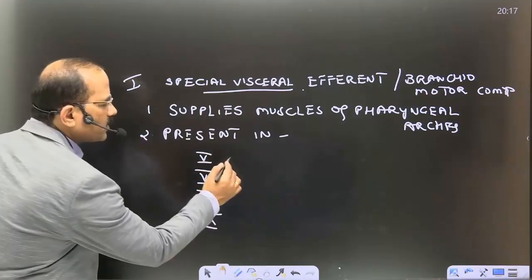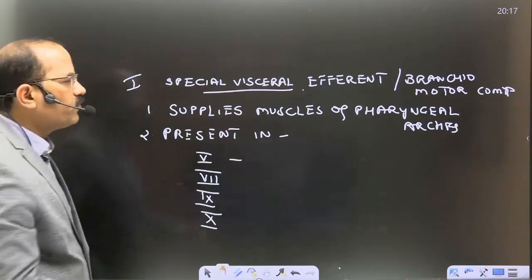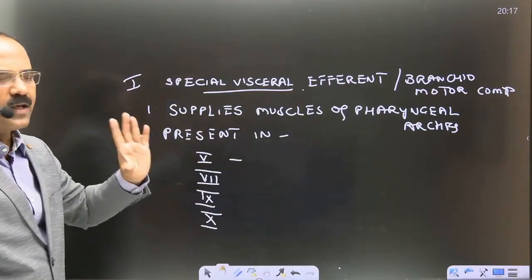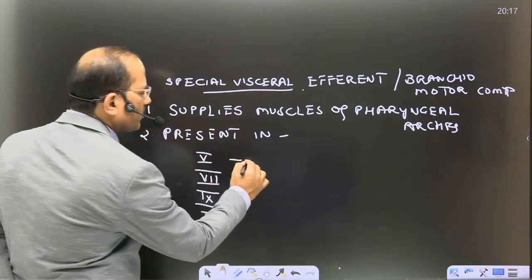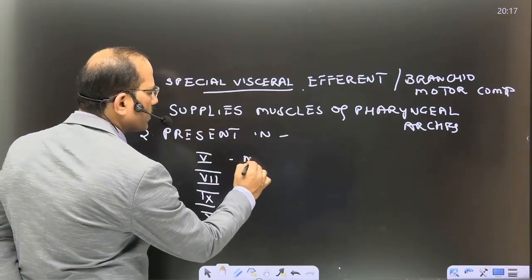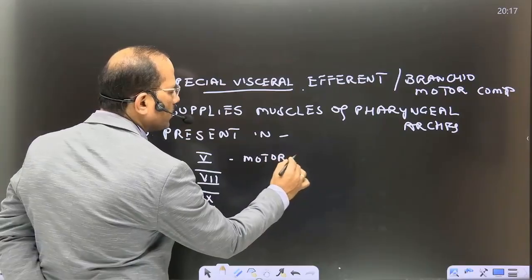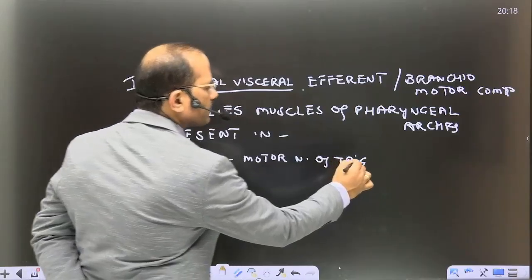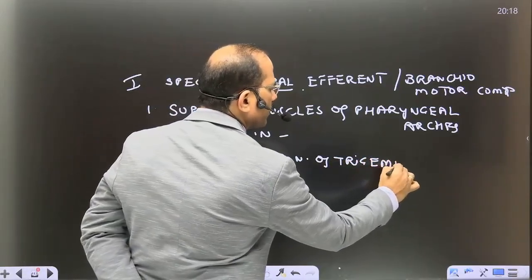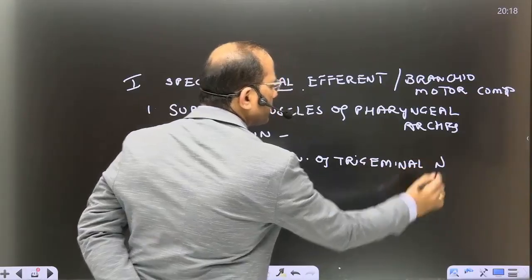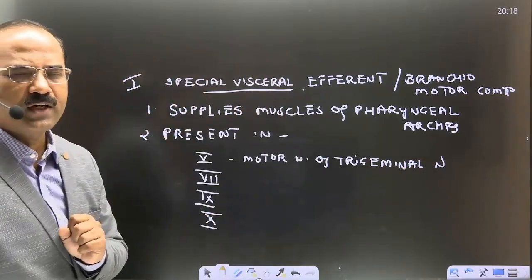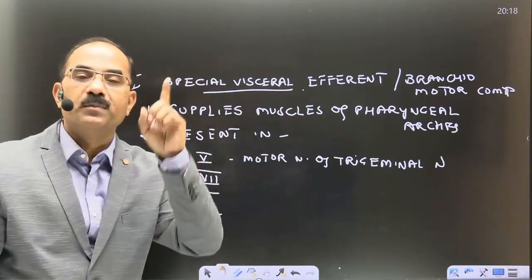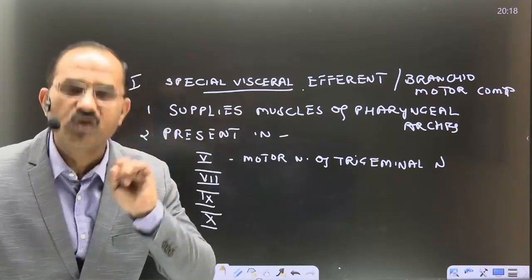So what is the name of the nucleus of the 5th nerve which belongs to this component? I'll just tell you, the name of the nucleus is the motor nucleus of trigeminal nerve. This motor nucleus of trigeminal nerve is going to supply the muscles of the first pharyngeal arch.